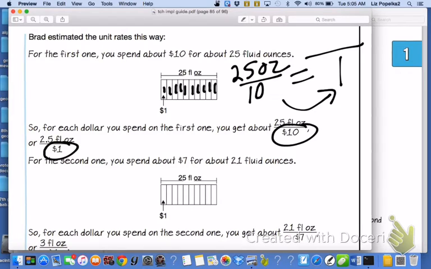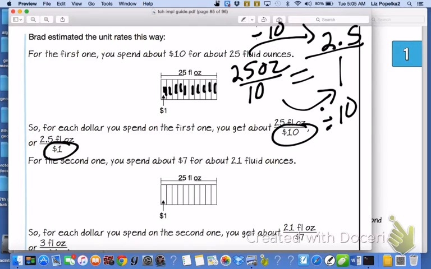Of course, to scale down from 10 to 1, you divide by 10. If he scaled down, he has to scale the top down by 10 also. So that gives us 2.5. Okay, so far I get it.